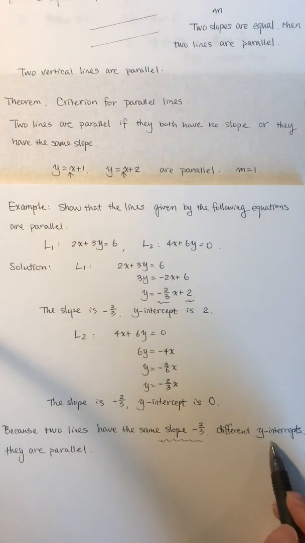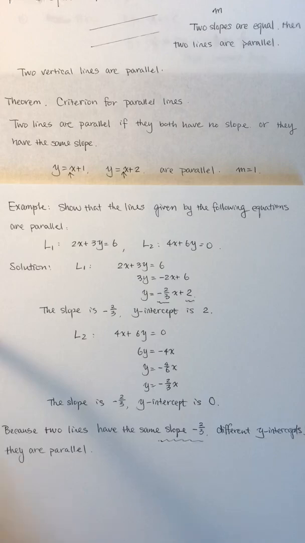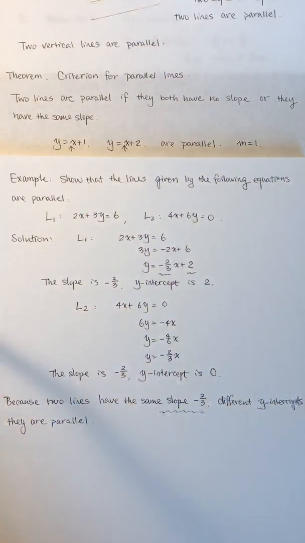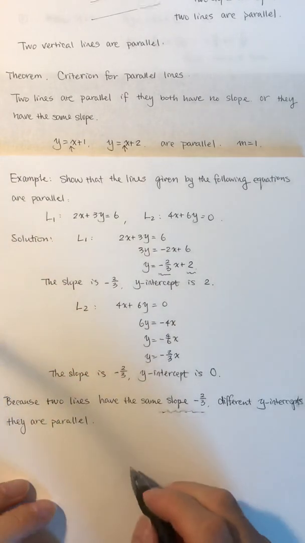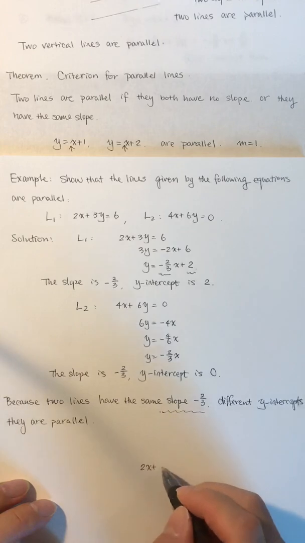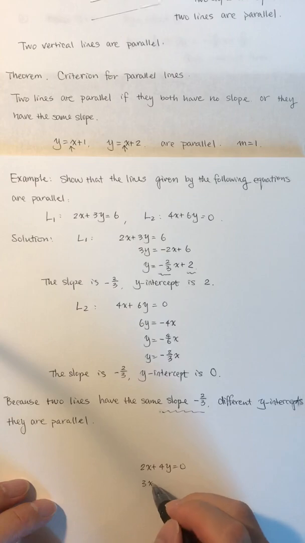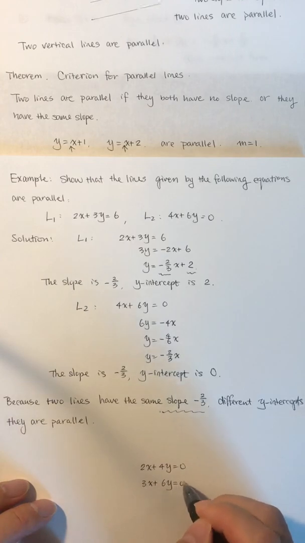Why do we mention they have different y-intercepts? The thing is the following. When we have this so-called general form, we really don't know if two equations will give us the same line or not. For example, 2x plus 4y is equal to 0, and 3x plus 6y is equal to 0.